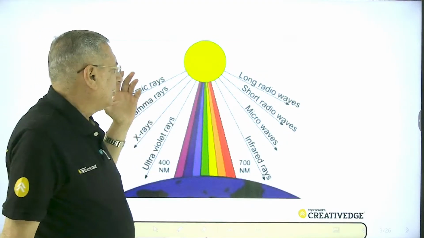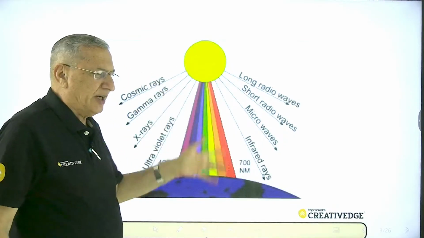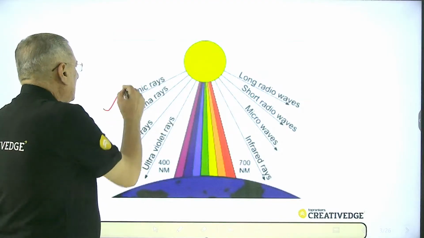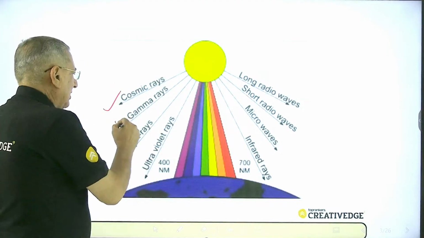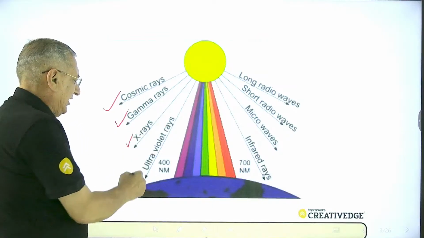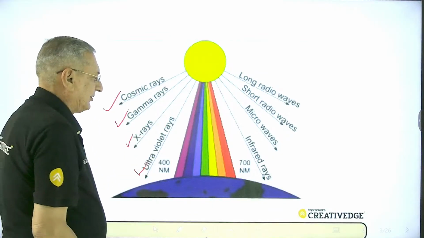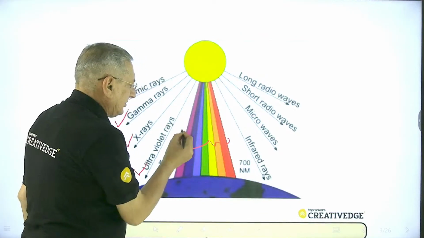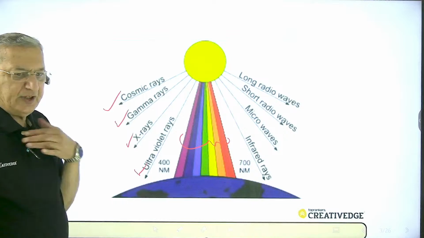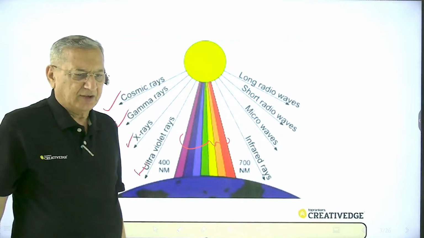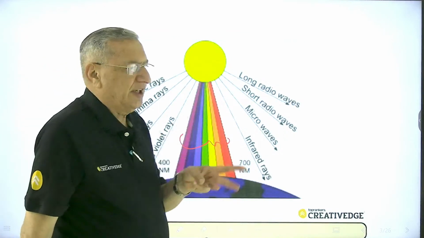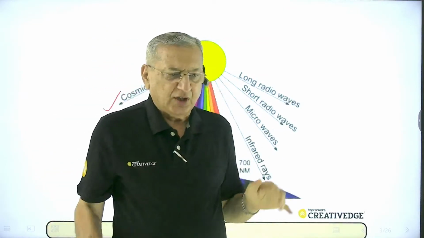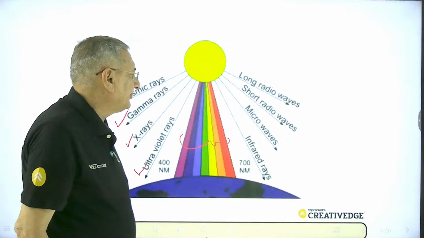They have bands and bands and bands of electromagnetic waves, namely cosmic rays, gamma rays, X-rays, ultraviolet rays, then the visible spectrum of light, which we see as seven colors. However, originally there are three colors only. The rest of the four colors are a mix of these three colors.